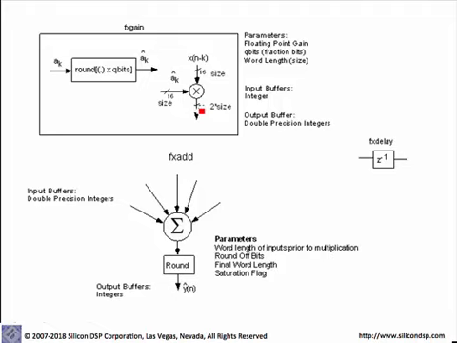And this is the case where you can actually model different arithmetic units. So for example, if you are trying to look at the performance of your filter with, for example, a DSP that supports 16-bit arithmetic with 40-bit accumulation, for example, the TMS320 comes to mind, or you might have implementations where you have 32-bit word sizes and 64-bit accumulations, or anything in between.